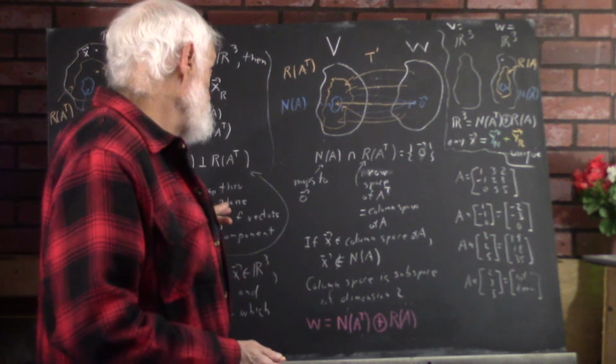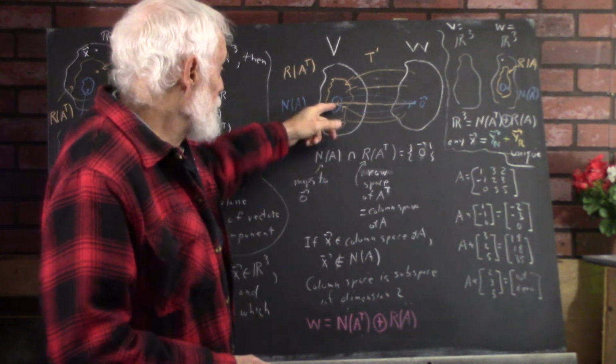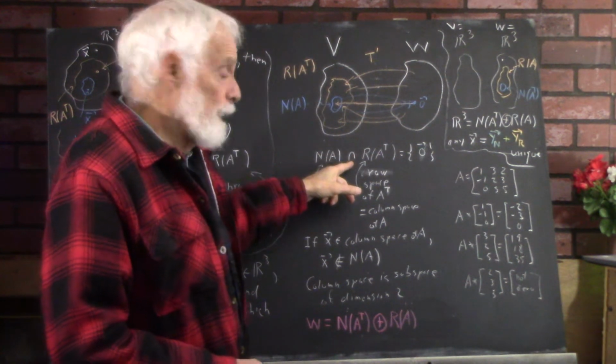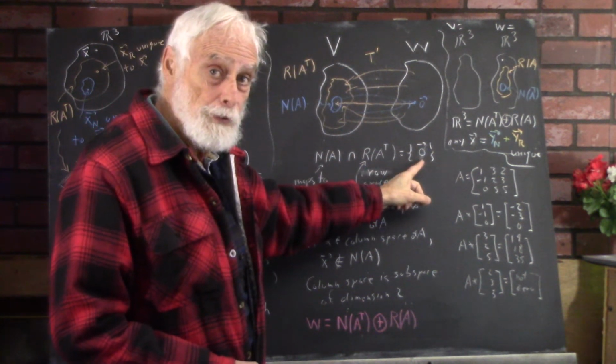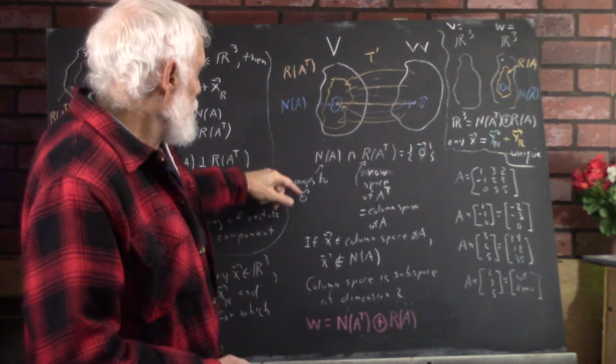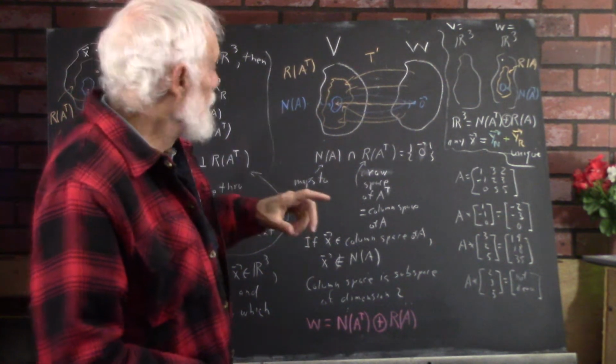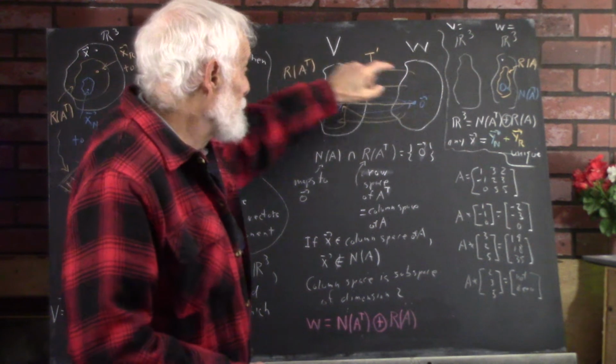So even though it doesn't look like it, these things have an intersection that consists of just one point, the zero vector.